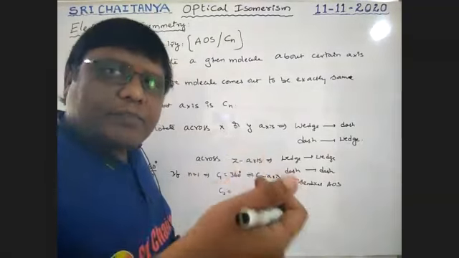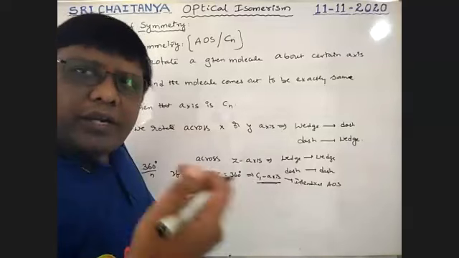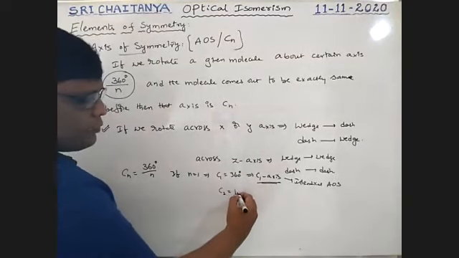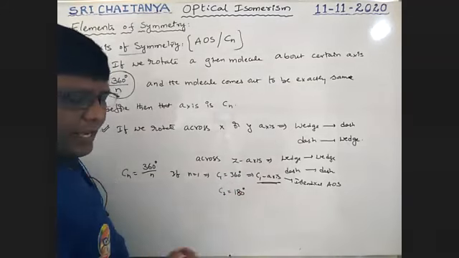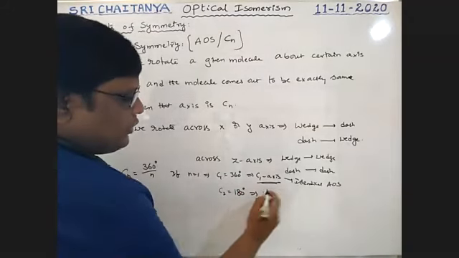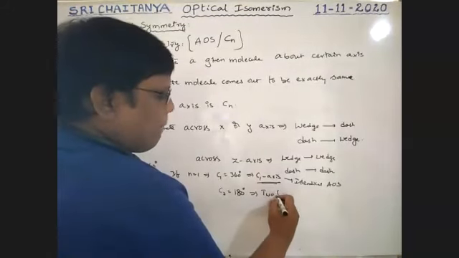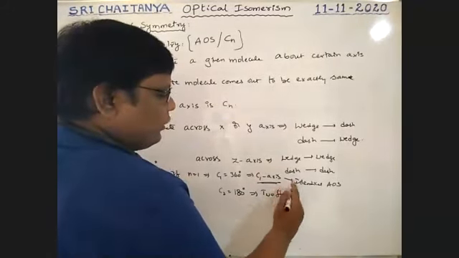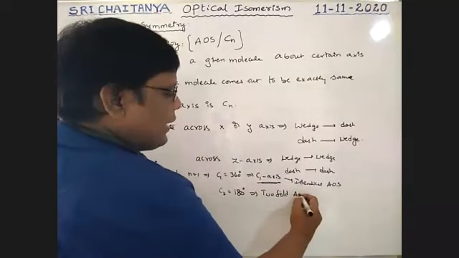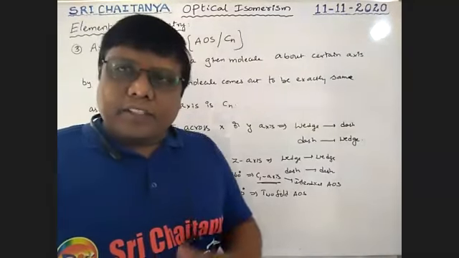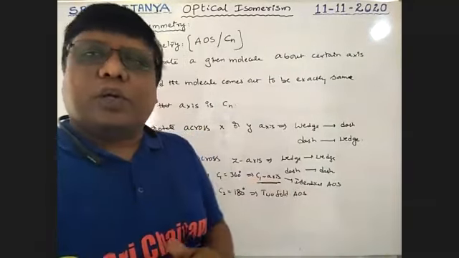So it exactly seems to be the original molecule. Now it is the C2 axis, boys. 180 degrees rotation is there, which is called the C2 axis, which is also called the two-fold axis of symmetry, that is, 360 divided by 2.